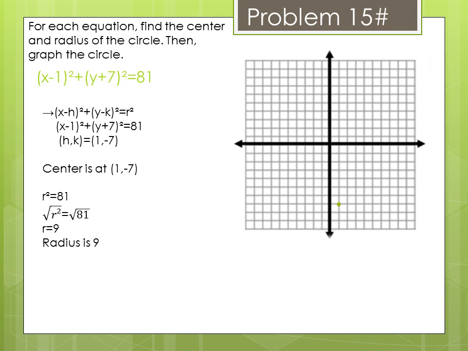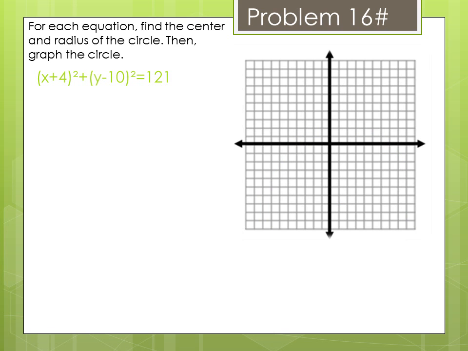Now I've started plotting the center, and I've gone 9 units to the right, 9 units to the left, and 9 units up. And I can't go 9 units down because my graph isn't large enough, but you get the idea. And it should give you something like this. Same thing now. So here's the equation for a circle.